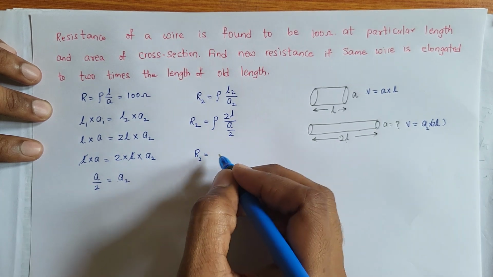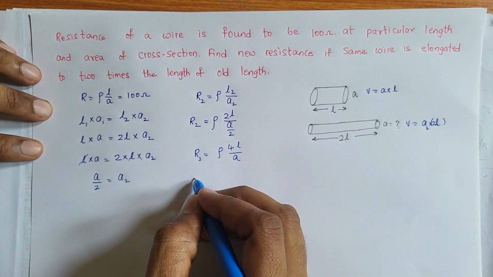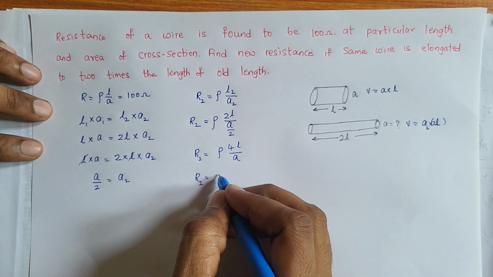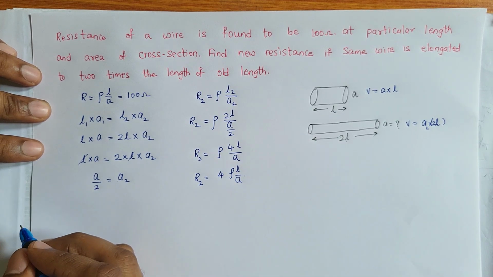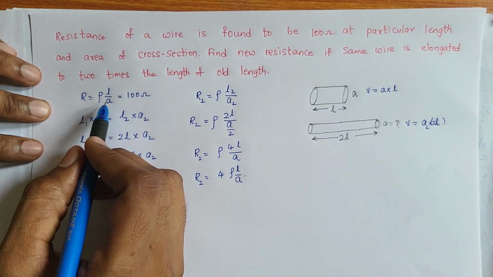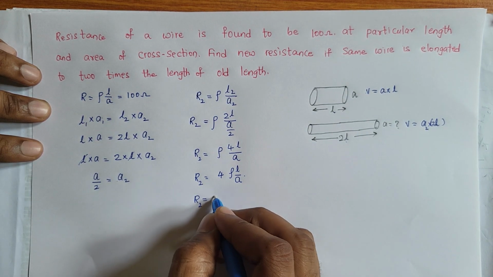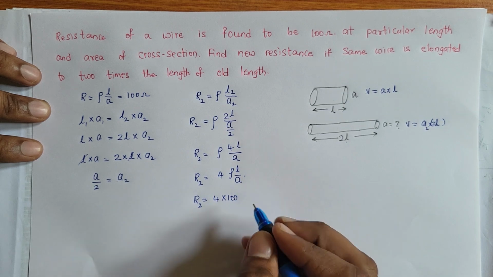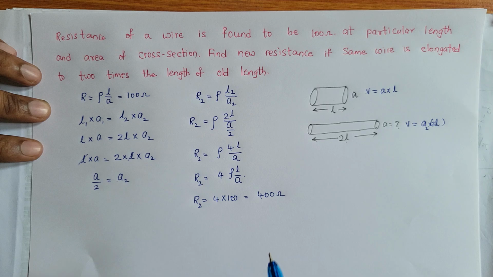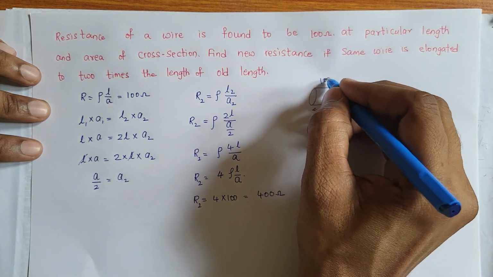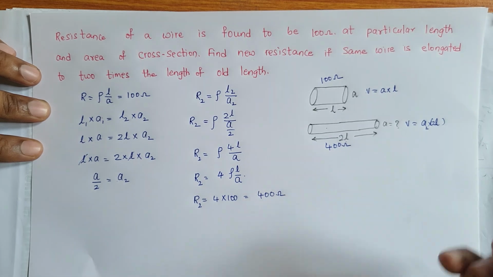So R2 is equal to rho into 4L divided by A. 4 comes out, that is R2 is equal to 4 into rho L divided by A. Okay? What is rho L by A? Rho L by A is nothing but 100 ohm. So R2 is equal to 4 into 100, that is going to be equal to 400 ohm. So resistance of this wire is nothing but 100 ohm and resistance of this wire is 400 ohms.